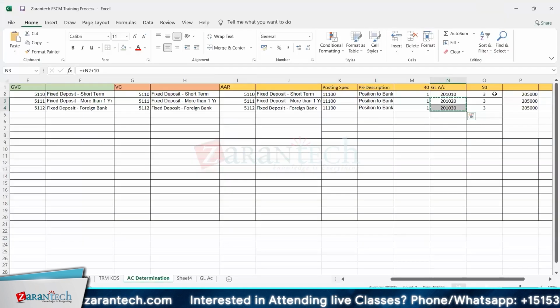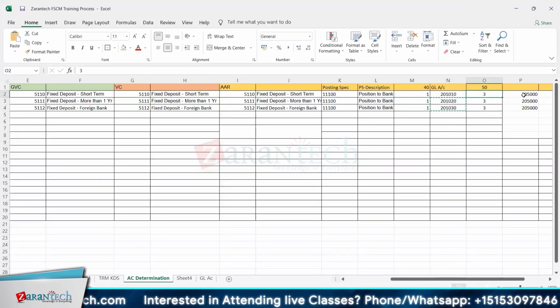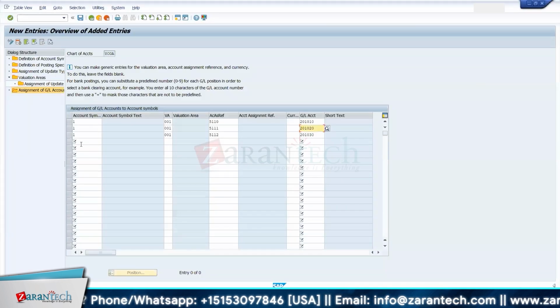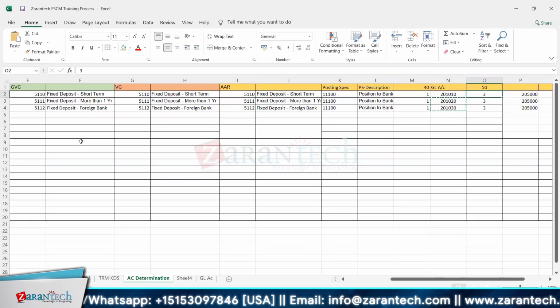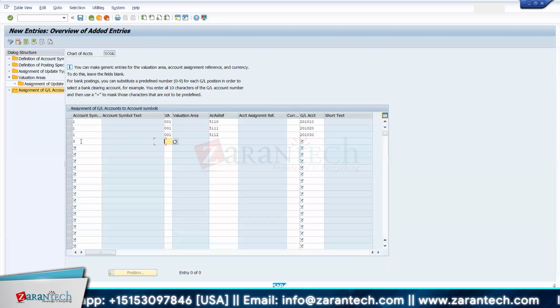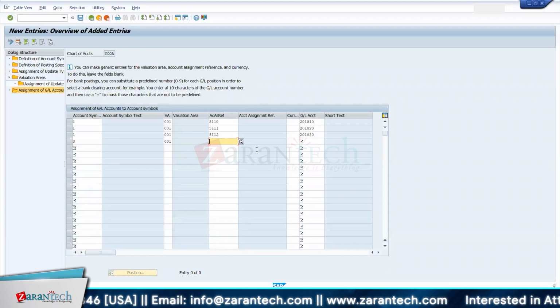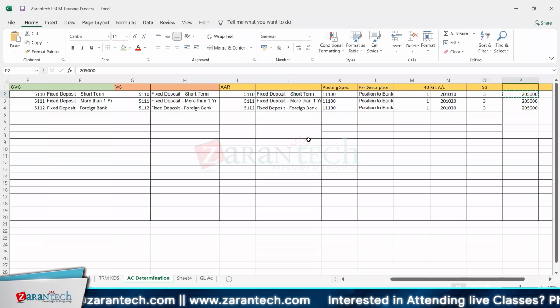Now for the bank, I have one GL account, but for fixed deposit, I have 3 different GL accounts. So for the bank account, am I going to create this entry 3 times? No. So here I will say account symbol 3, valuation class 001, and account reference I will keep blank, and I'll maintain this GL account here.